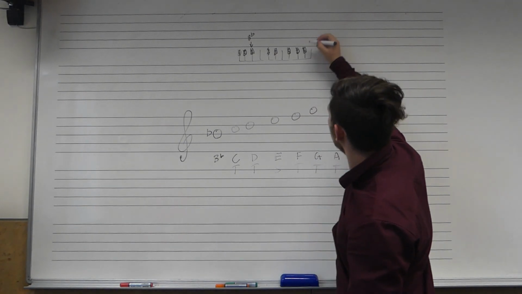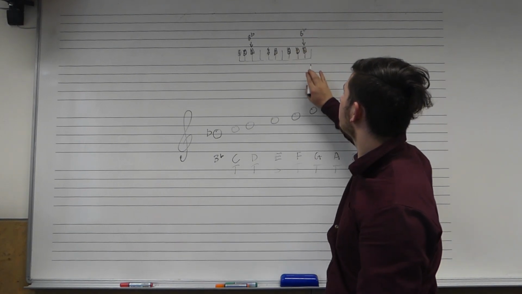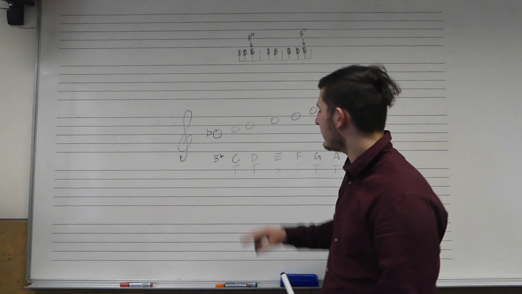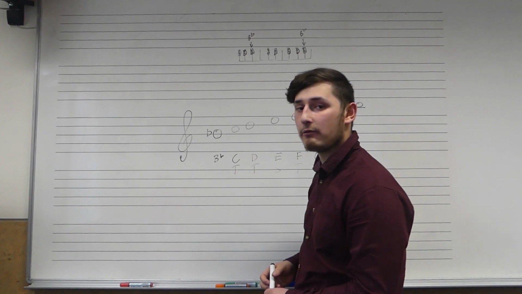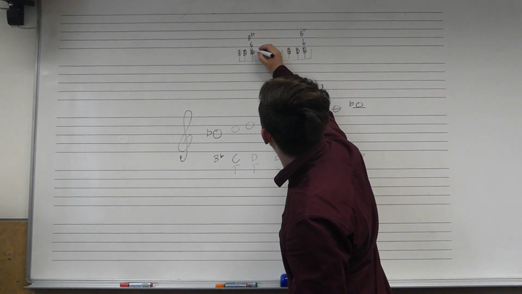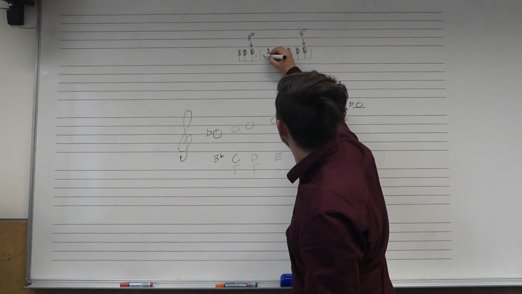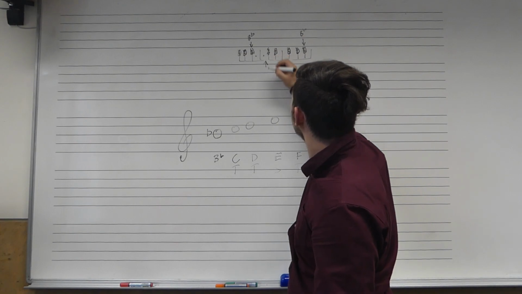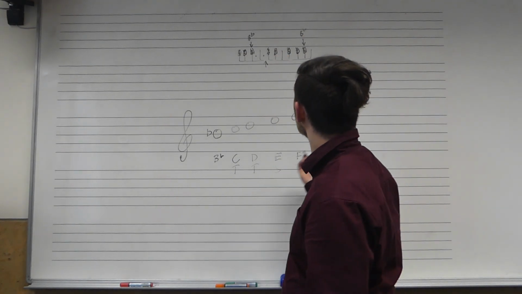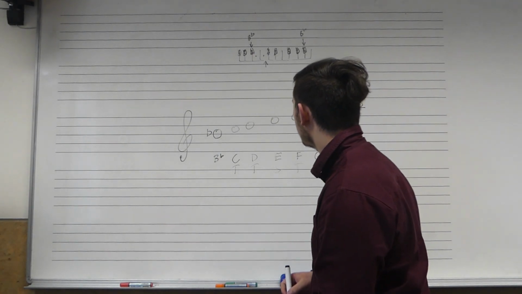And we're going to leave it there because this is again B flat. So, C is a tone above B flat because we have our sharp, then semitone, semitone to C. So 2 semitones is a tone, therefore C is a tone above B flat.